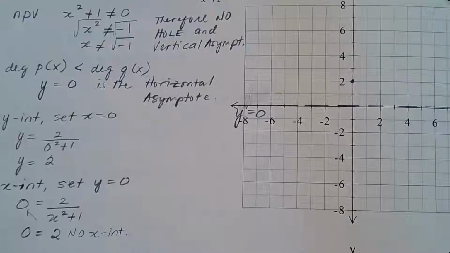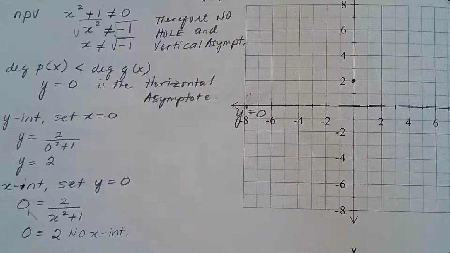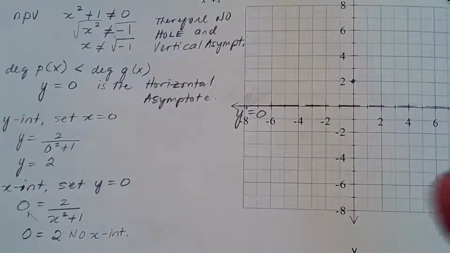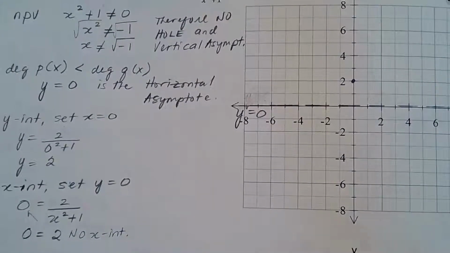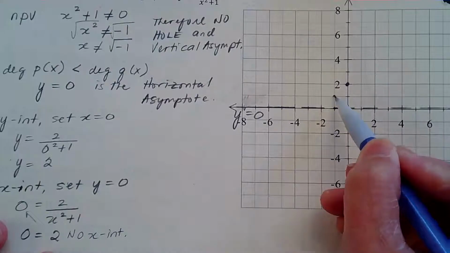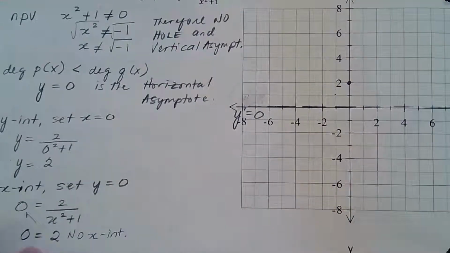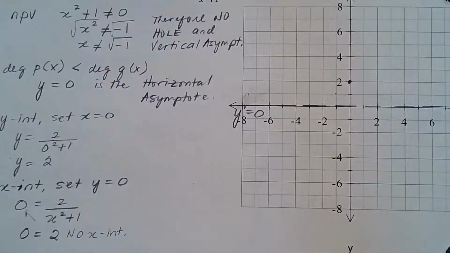Okay, so do we know how this thing is gonna go? We don't kind of know what's going on yet, right? Okay, so what can we do? Test points, right? Test points. So let's test -1 and +1. So let's go ahead and do test points at -1, +1.